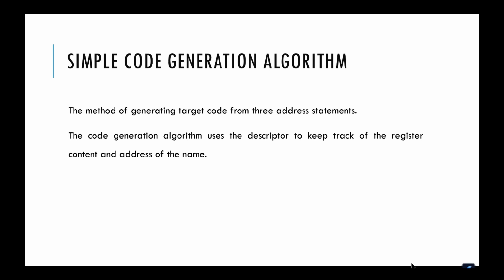The address descriptor stores the location where the current value of the name can be found at runtime. The information about the location can be stored in the symbol table and is used to access the variables. Right? Easily we can access the variables. The address descriptor has the types of the operand.